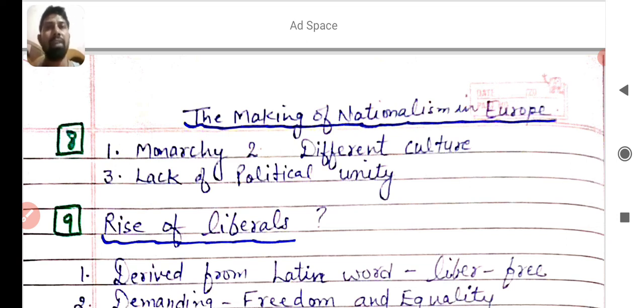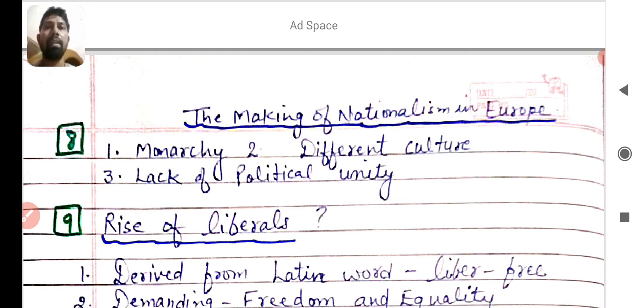First, there was a monarchy system in many parts of Europe, and there were different cultures also. People were not following the same culture. Because their cultures were different, they were not unitized. As we all know, in our society also, if some people are from a different culture, we hate them. It means not unitized.